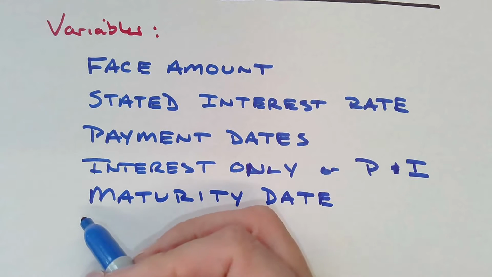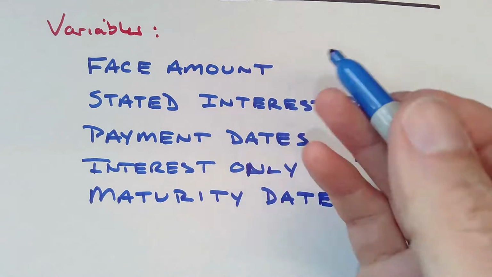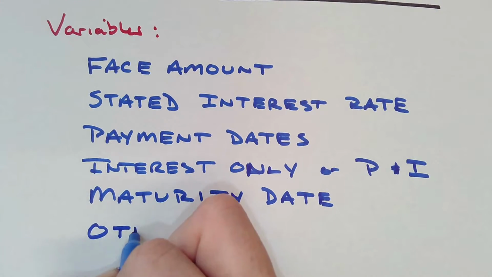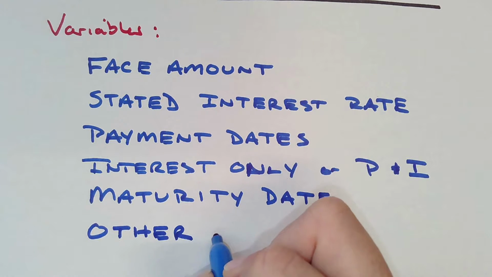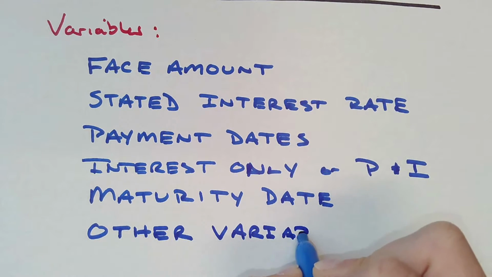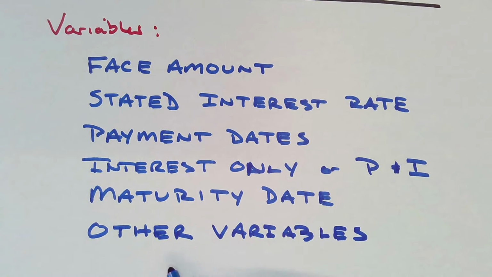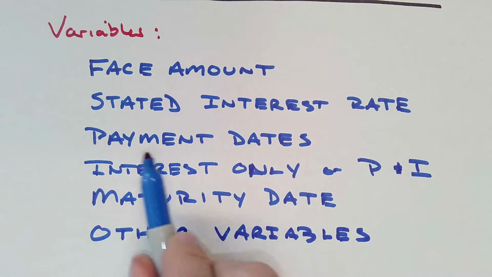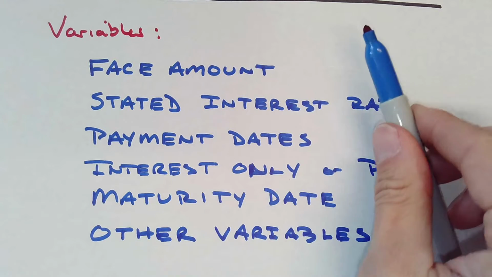And if there are any other things that might make this interesting. Like, is this debt convertible to equity? Can the person who's holding the debt force you to pay them back early?